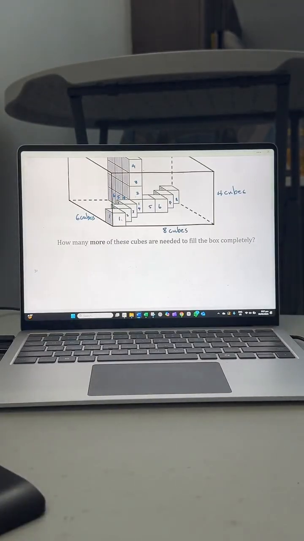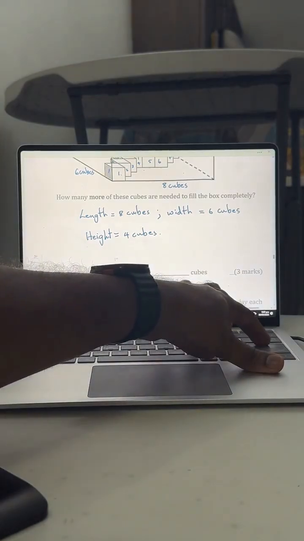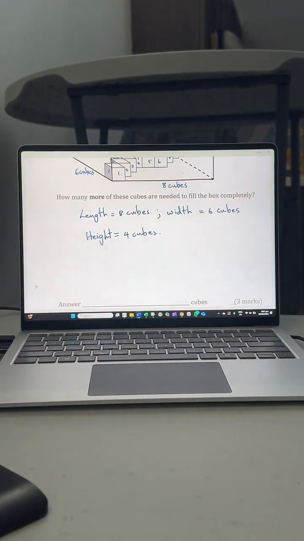Let me put what the length was. Length was 8 cubes, the width was 6 cubes, and the height is equal to 4 cubes. So volume of the cuboid will be the amount of cubes needed to fill that cuboid.